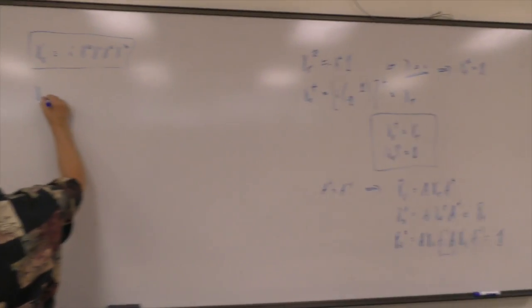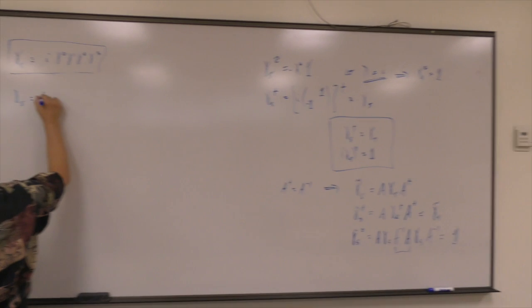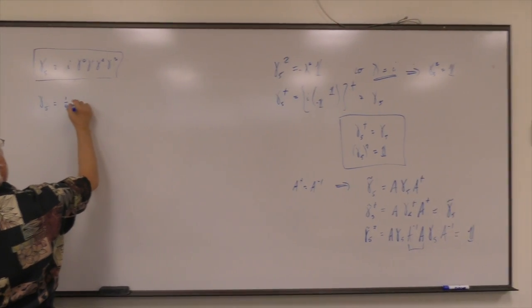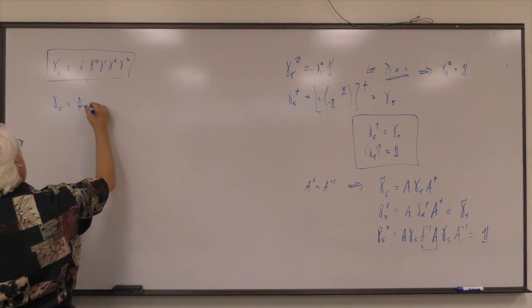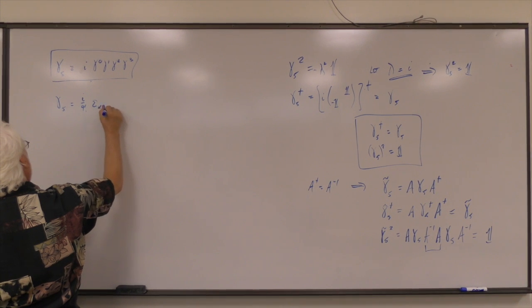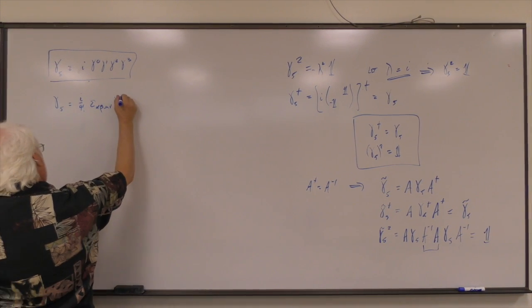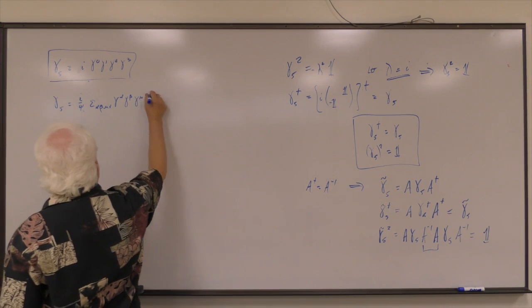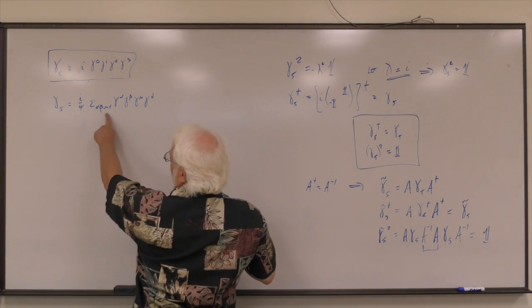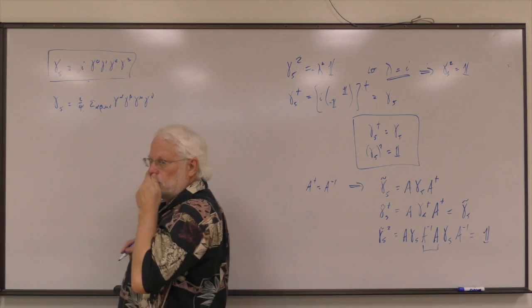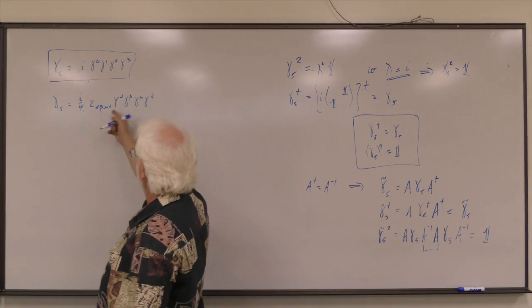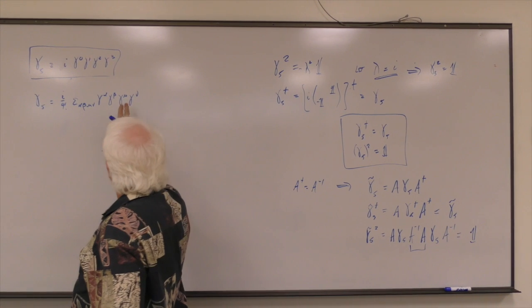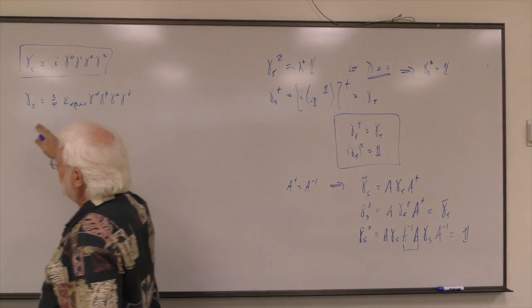But I could also write this as i over 4 factorial, epsilon alpha beta mu nu, gamma alpha, gamma beta, gamma mu, gamma nu. All 4 of these have to be different. There are 4 factorial different ways of ordering them, and since they're different, they anti-commute.